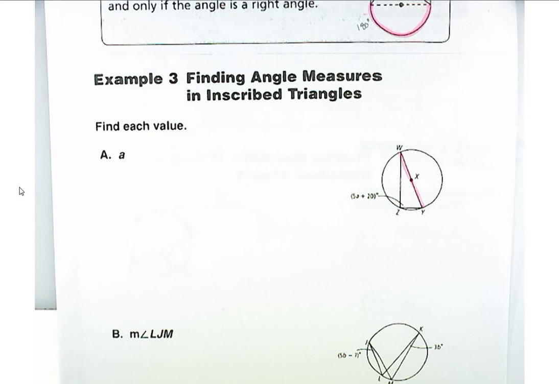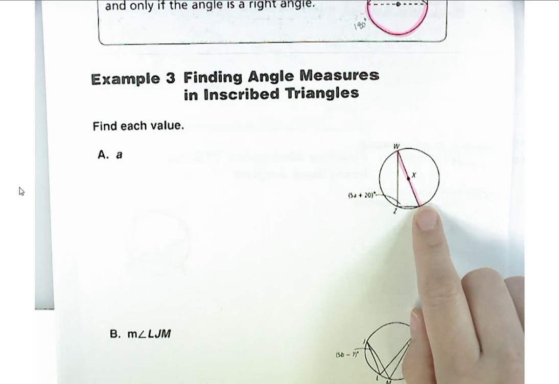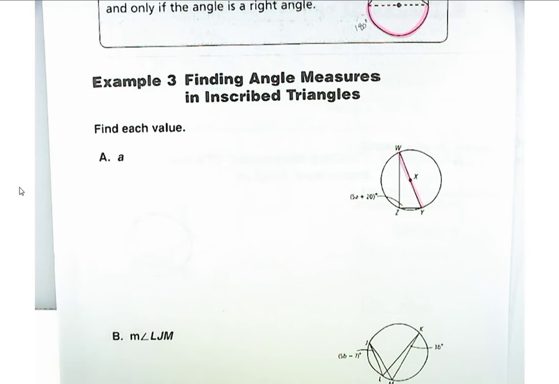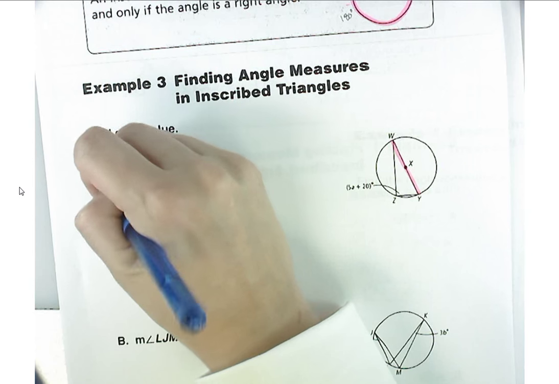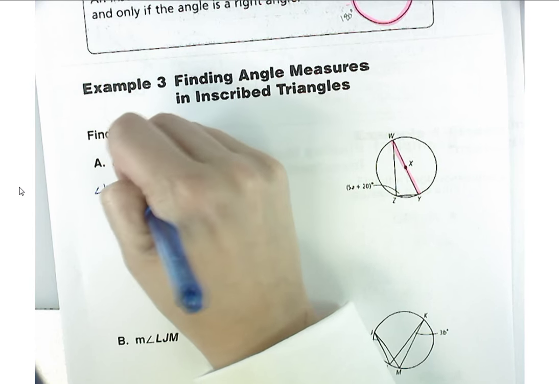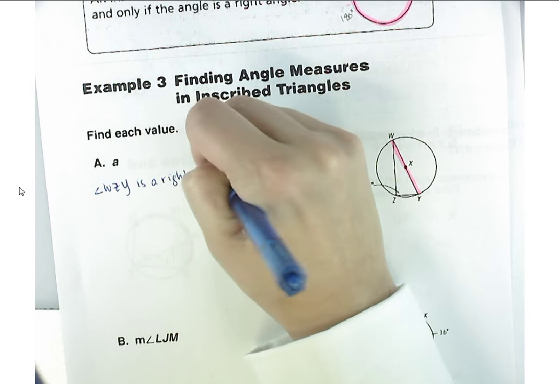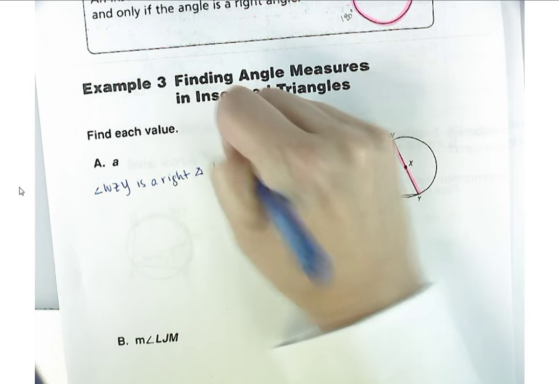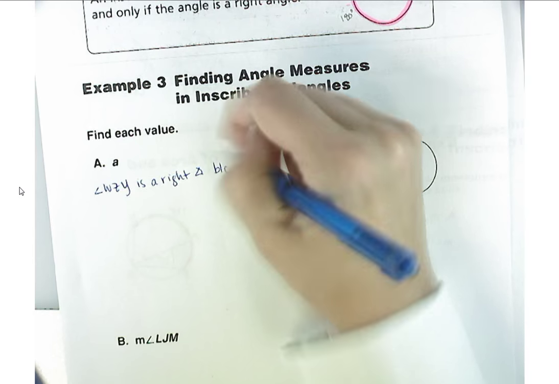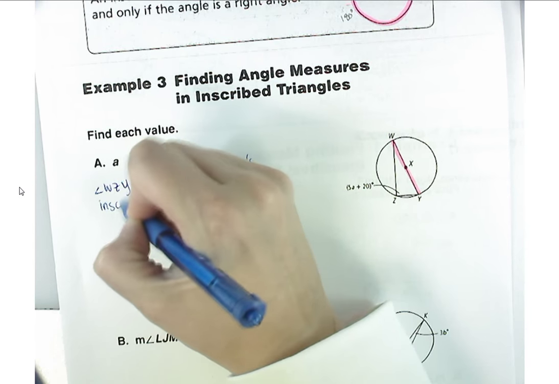So this is the diameter, which means that you do have a semicircle. So your angle WZY is a right angle because it's inscribed in a semicircle.